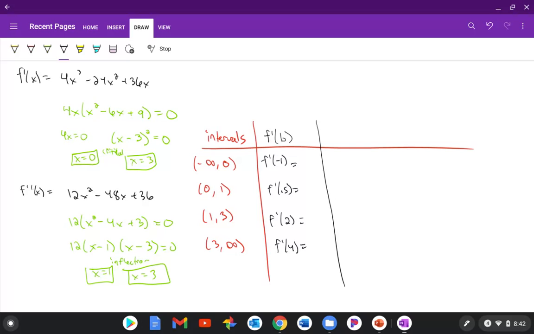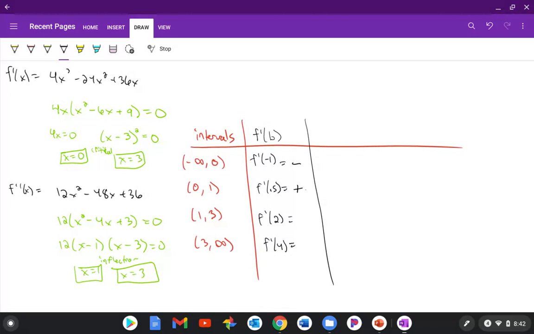Plug in -1, I get a negative 64. Plug in 0.5, I get a positive. Plug in 2, I get a positive. Plug in 4, I get a positive.